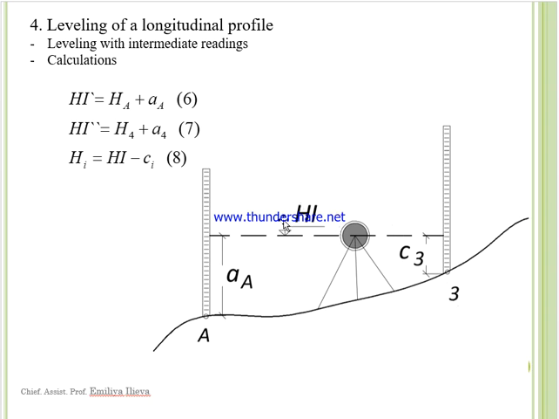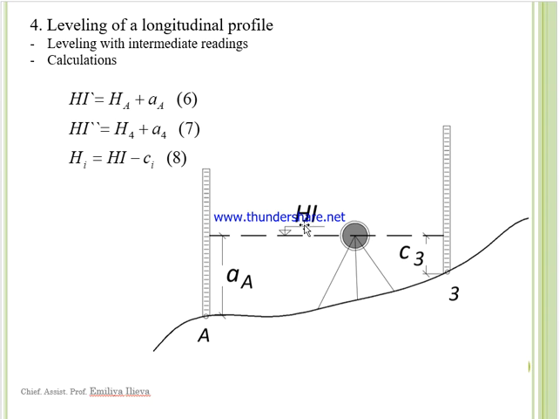So to calculate the height of the instrument, or the height of the horizon of the instrument, we need to take the height of point A. We already have this because firstly we calculate the loop leveling line, and the height of point A plus the backside reading to this point is going to give us the height of the instrument. Then all the points that we have measured from this station of our level instrument with intermediate readings, we can calculate their height.